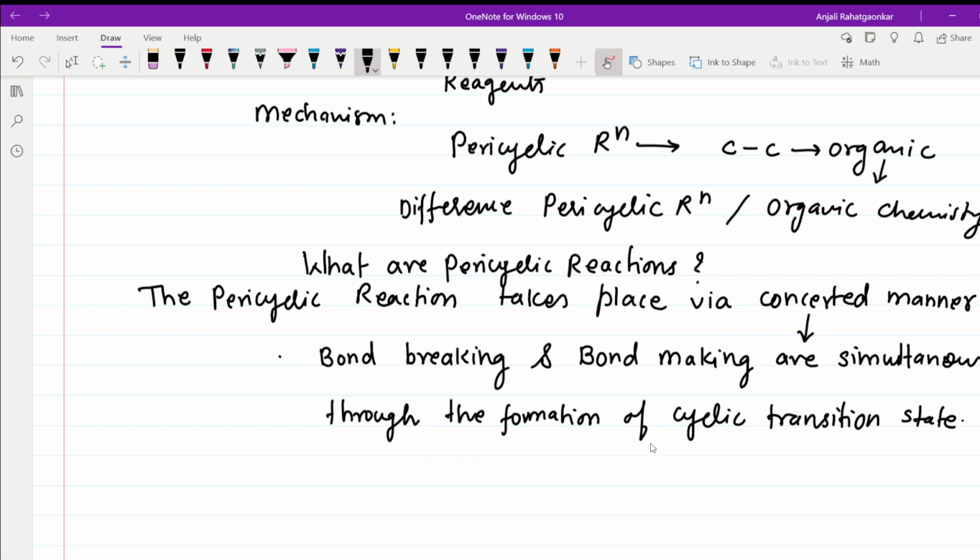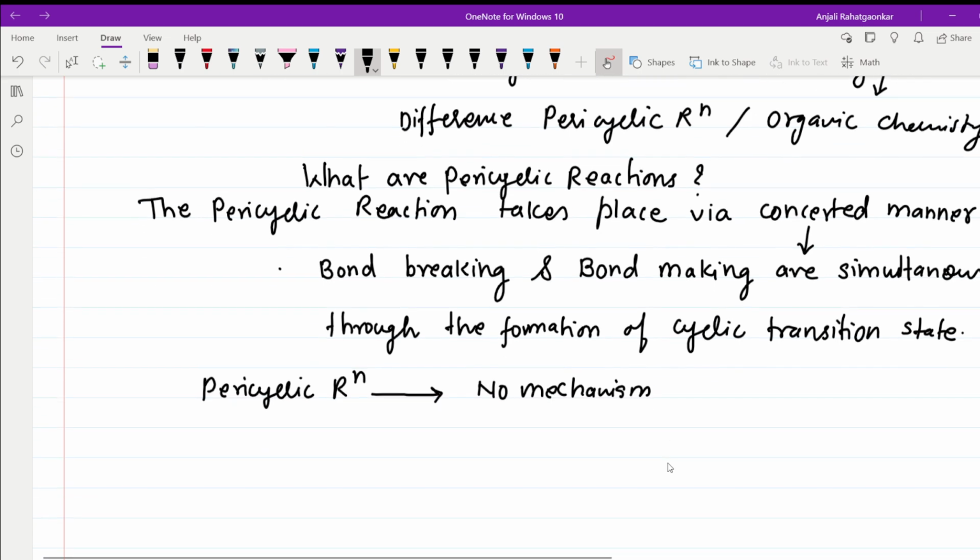Initially it was considered that pericyclic reactions are no-mechanism reactions. But later on it was revealed that the mechanism is something very different compared to other organic reactions.